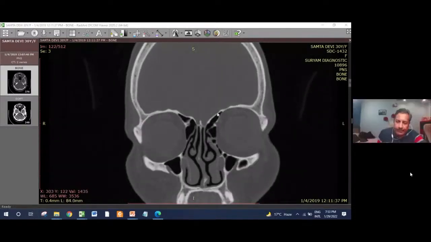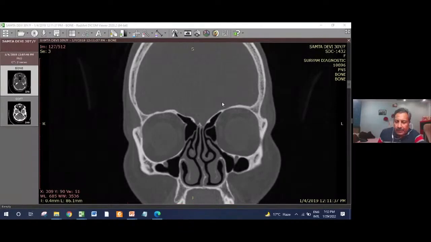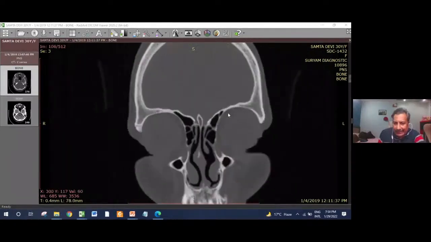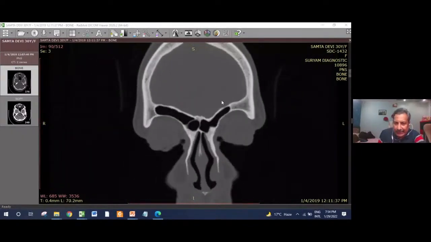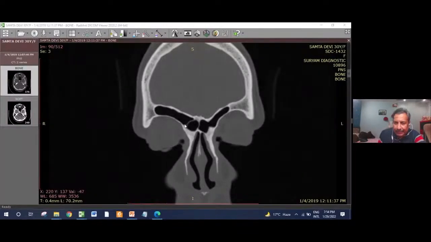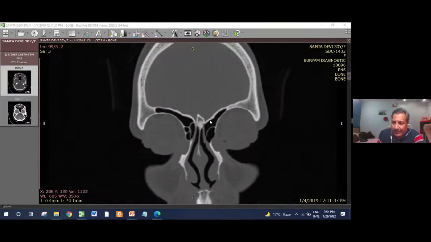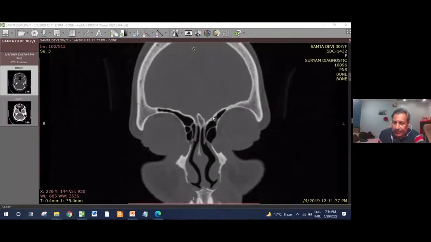Yes, sir. Okay. So this was about how you can look at the anterior ethmoidal artery. Now, while coming into the frontal recess, as the frontal recess starts, the important thing as you go behind the frontal sinus is that your ethmoidal roof comes. There's the thin ethmoidal roof, and the cribriform plate in the midline.